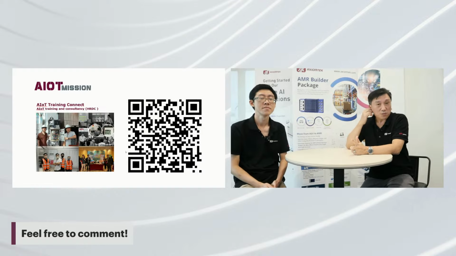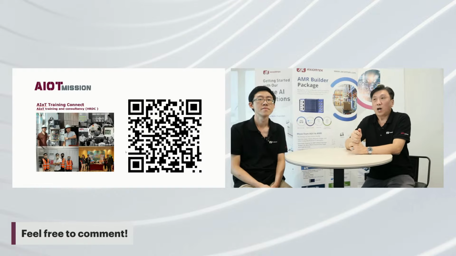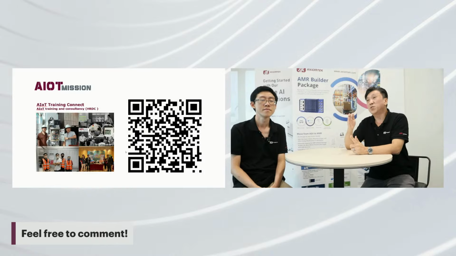So we are going to be more on the industrial side. For fresh graduates deciding which field to go into, this is a good time to come in and listen to us.